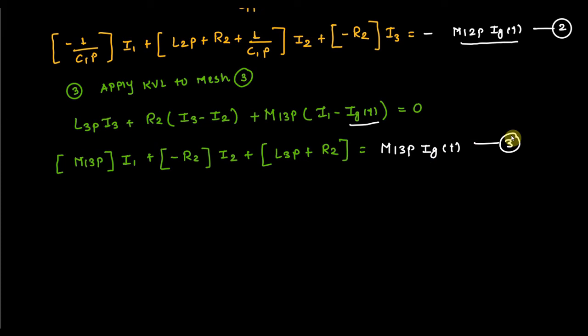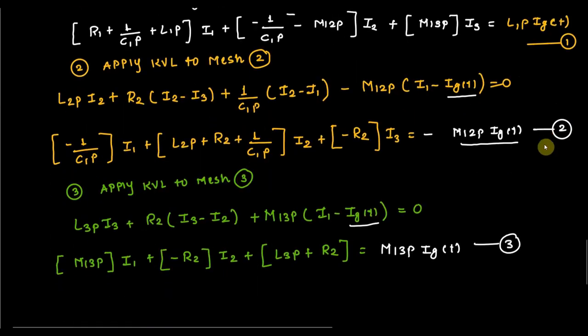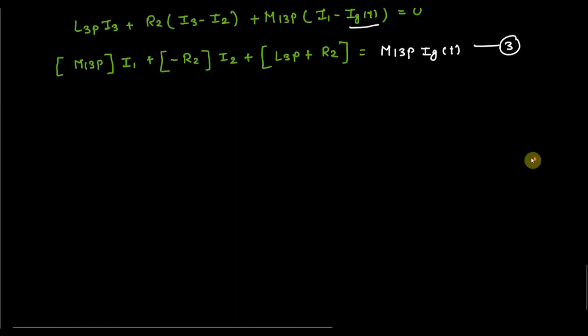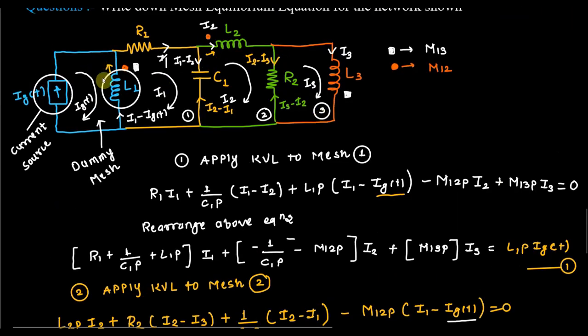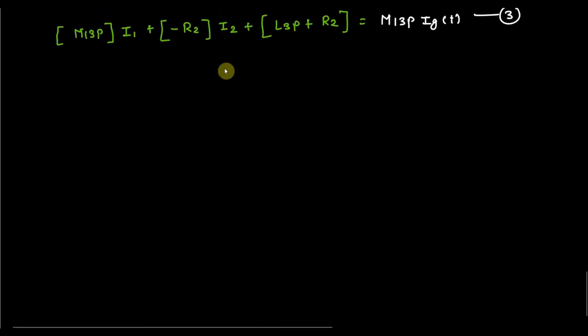So in that way, you can see that we have written down the three KVL equations, KVL equation 1, KVL equation 2 and KVL equation 3 for this given network when there is a current source in shunt with the coil which is coupled with the other coil. Now what we have been given in the question is to write down this in matrix form. So the next step is very simple.